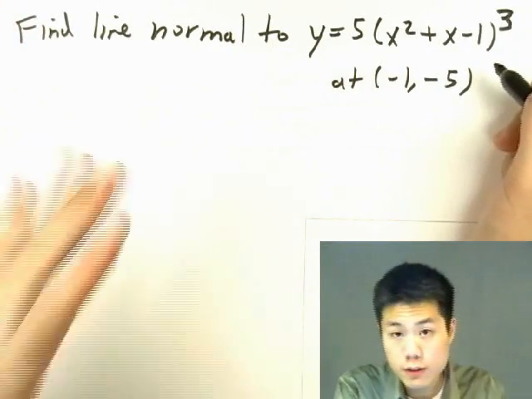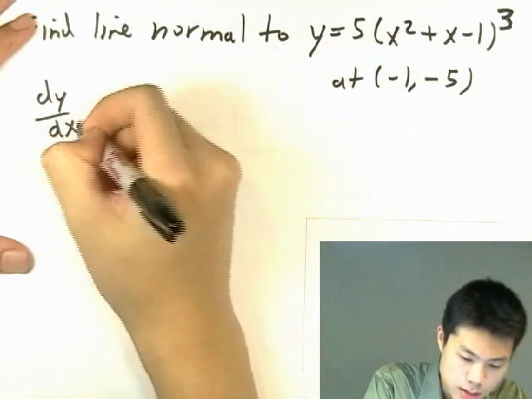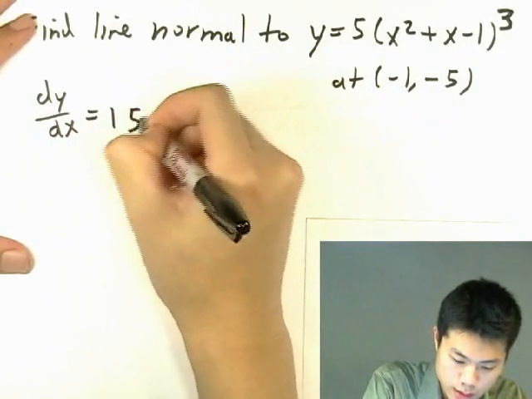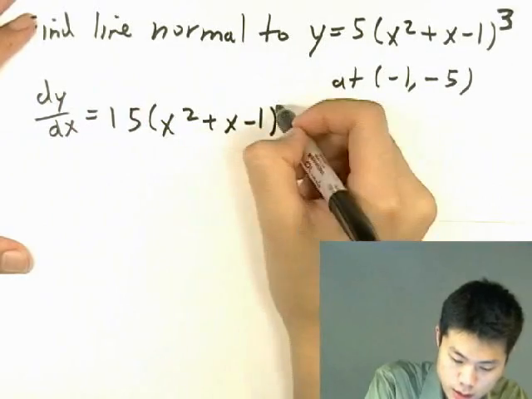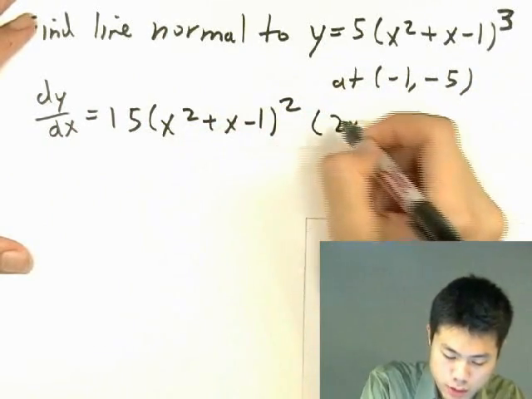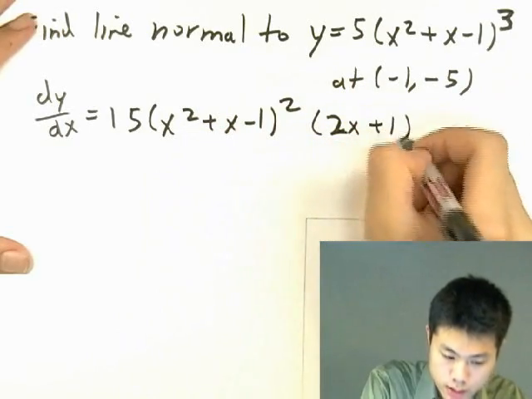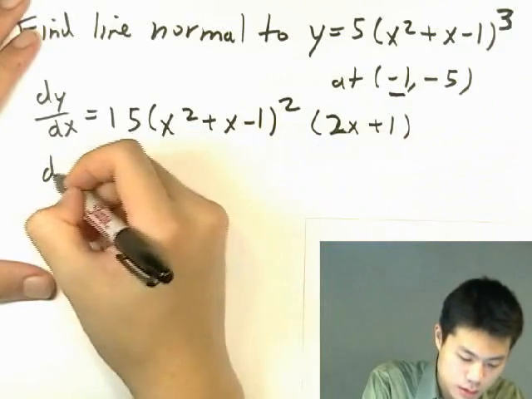So we first have to find dy over dx, and that's going to be 15 times x squared plus x minus 1 to the power of 3 minus 1, which is 2, and then take the derivative of the inside, 2x plus 1. Okay, and then plug in this point here.